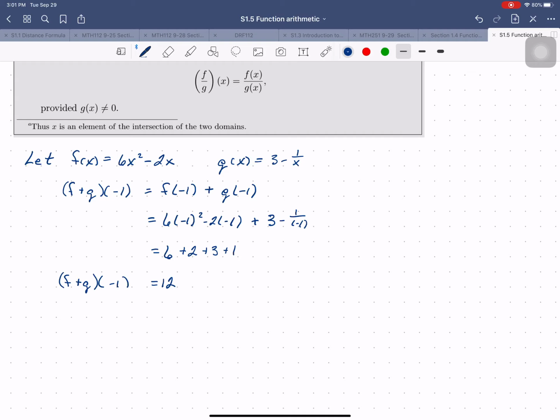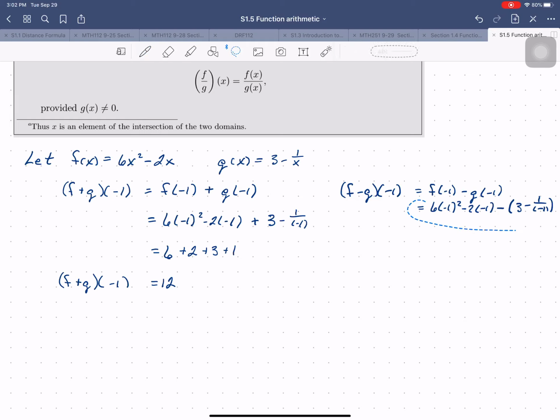Okay, let's look at subtraction. Same thing, same value, but I'm subtracting. So here we need to be a little careful. We start out the same, but now I need to put this 3 minus 1 over negative 1 inside a parenthesis because of that minus sign.